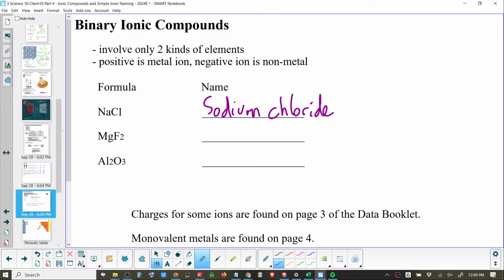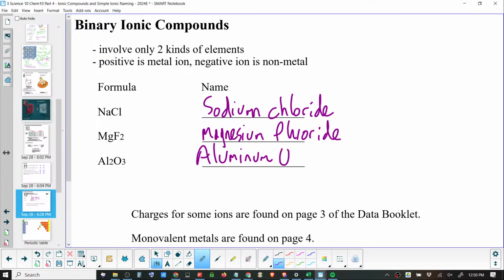Excellent, spelling. Yeah, no monoditride, and aluminum oxide. Excellent. I'm about to give you more. Let's get the names for the next ones.